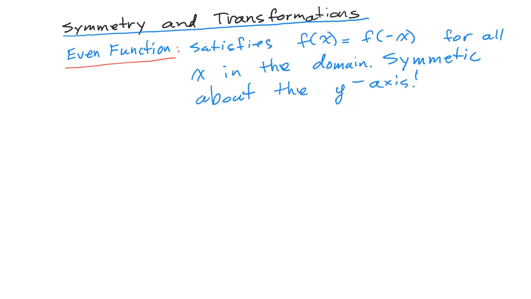Okay? So, for example, let's say I have a graph that looks like this. This graph is considered symmetric if I mirror it on the other side of the y-axis. Okay?